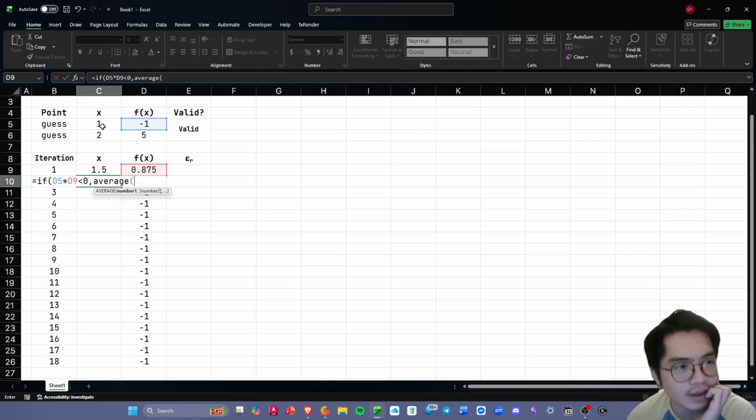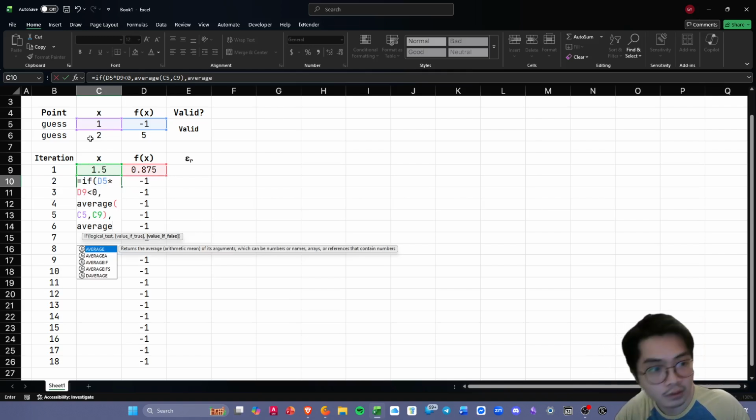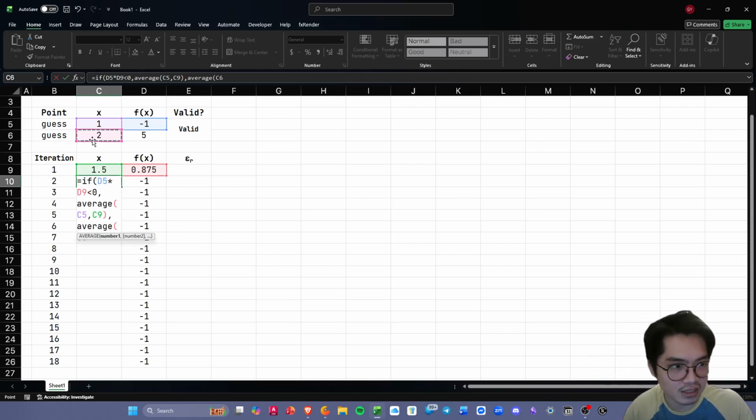So we will create the average of C5 and C9. On the other hand, if that is not true, we will then use the average of C6 and C9.